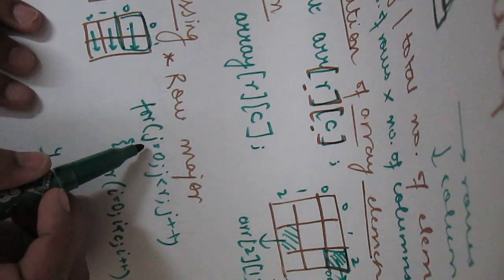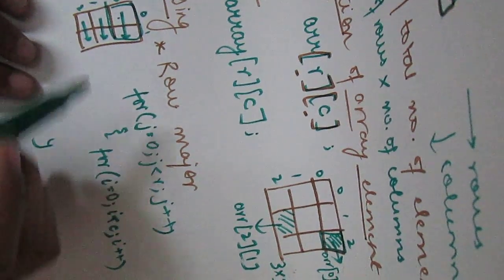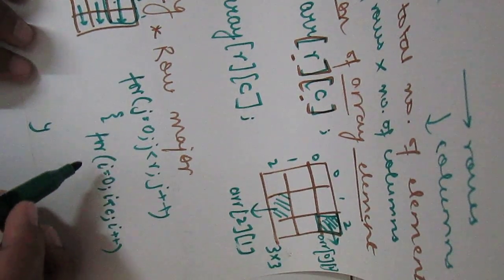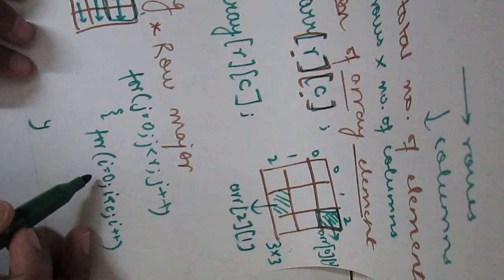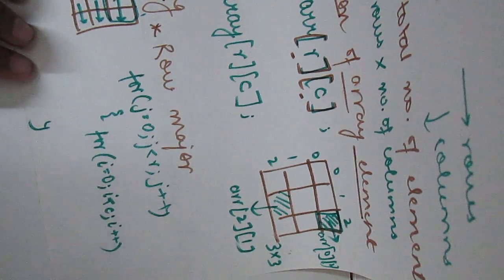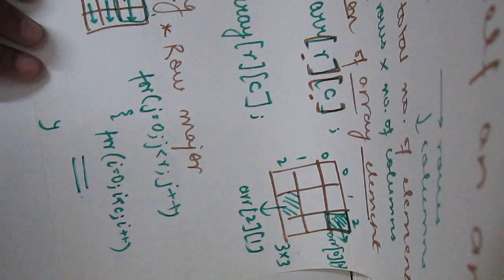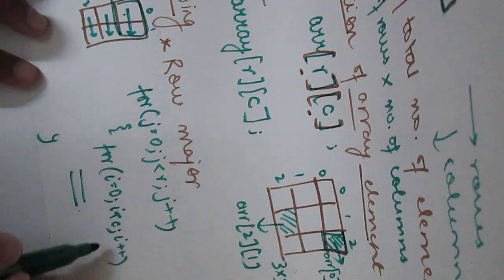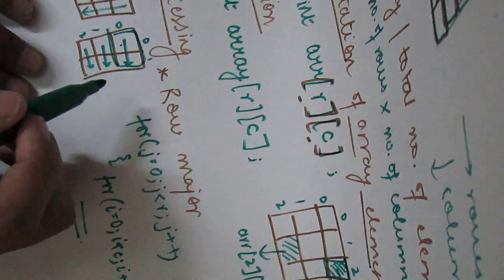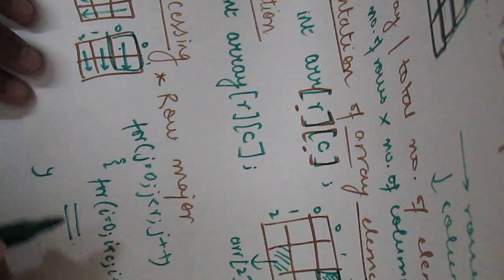So for j is equal to 0, j less than r, j plus plus, initially our j is 0. Then we'll move inside. Our I is 0 and I is less than c, obviously. So we'll go inside and process the information, whatever it is, and then we'll increment I to 1, but j is still 0.